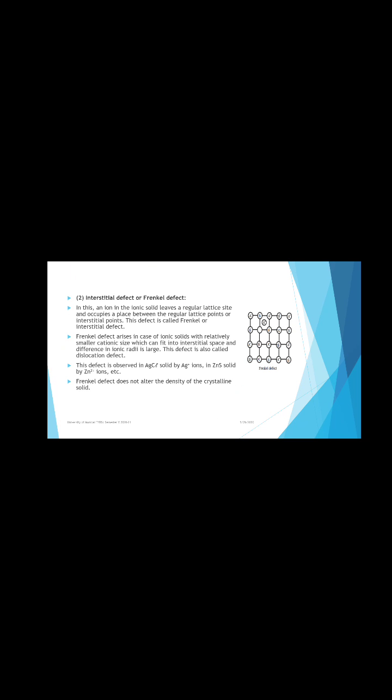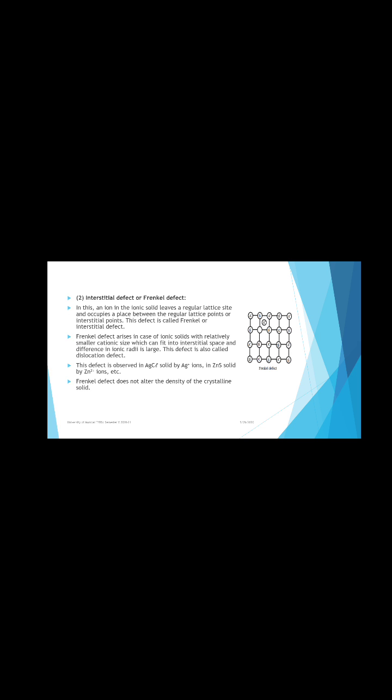Now the second type of defect is called an interstitial defect or a Frenkel defect. This defect is obtained when an ion in the ionic solid leaves a regular lattice site.